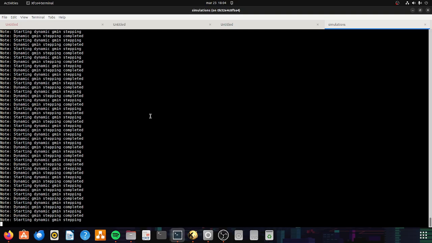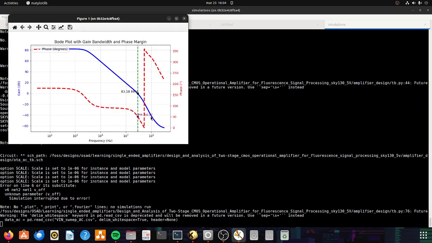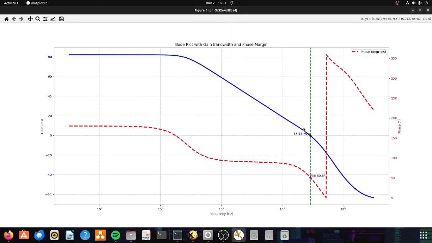I don't understand why. And its phase margin was reduced by a lot. The GBW used to be close to 440 megahertz, and its phase margin used to be 60. Right now the GBW is at 83, and the phase margin is at 50.